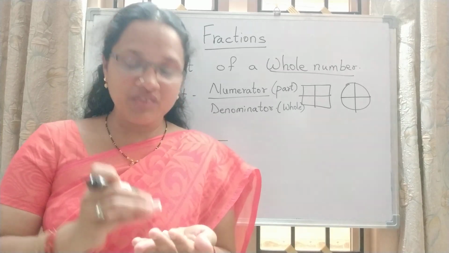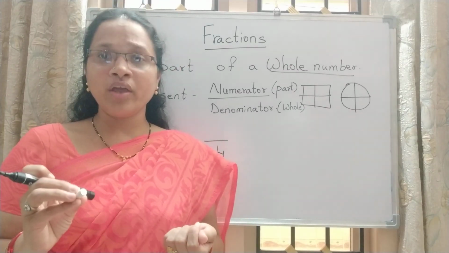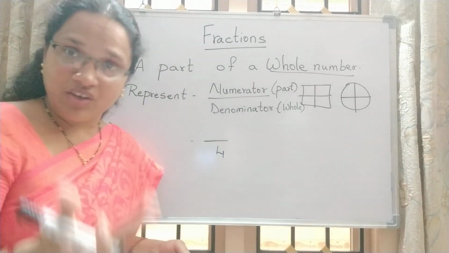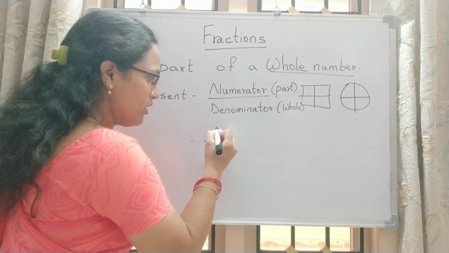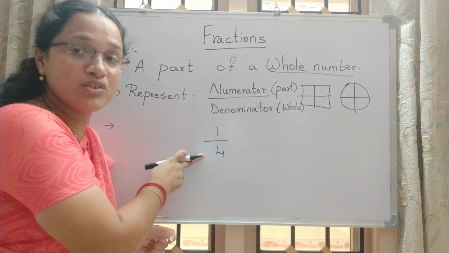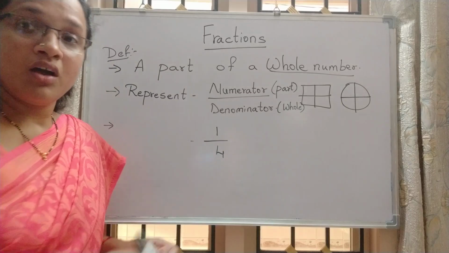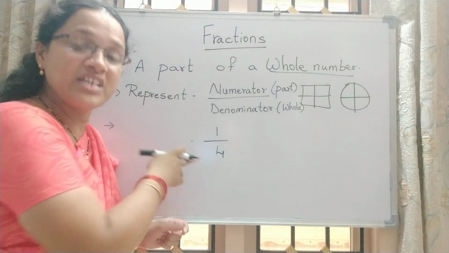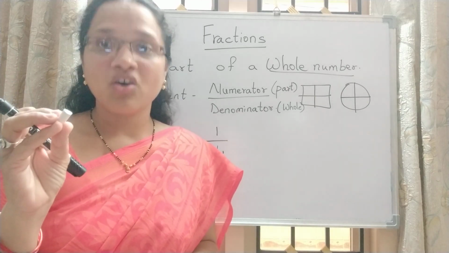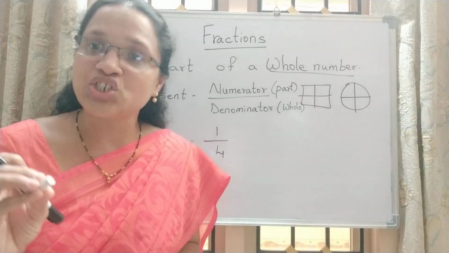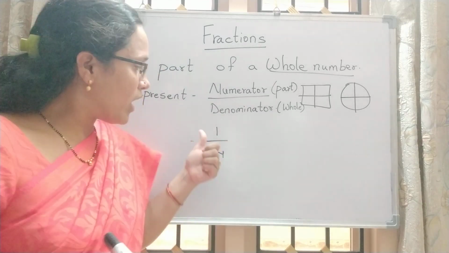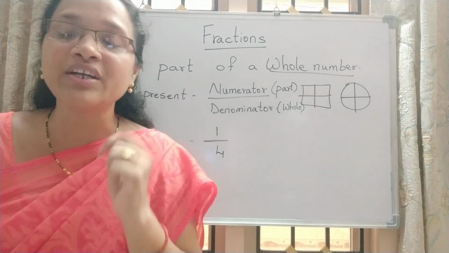So the fraction I have given you is 1, that means one part out of 4 parts of the chalk is given to you. This is what is called a fraction, a representation of the fraction. So out of the whole chalk, 1/4 of the part is given to you.